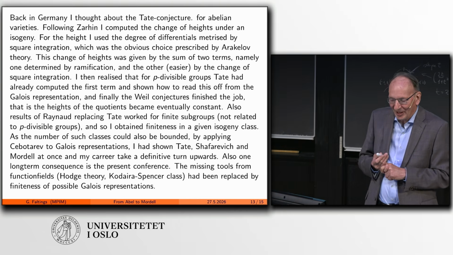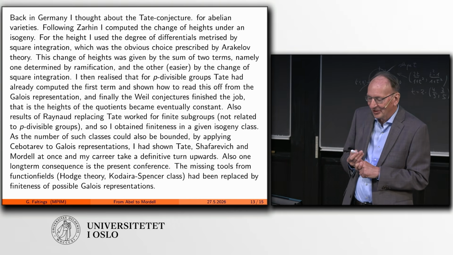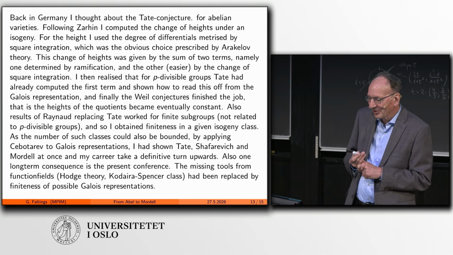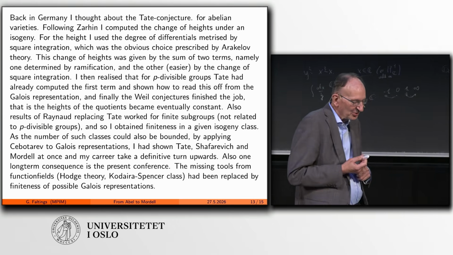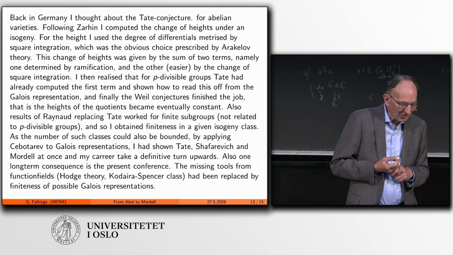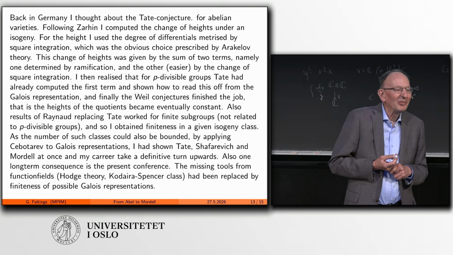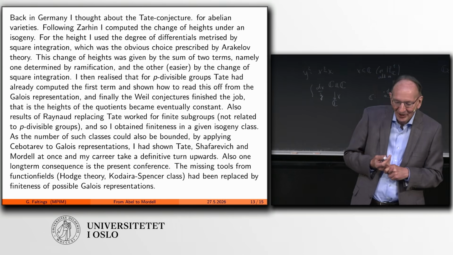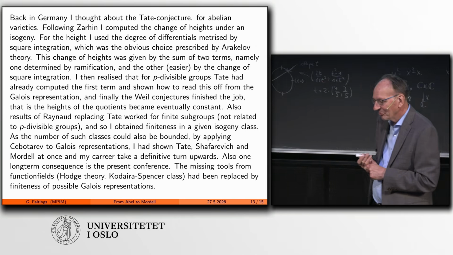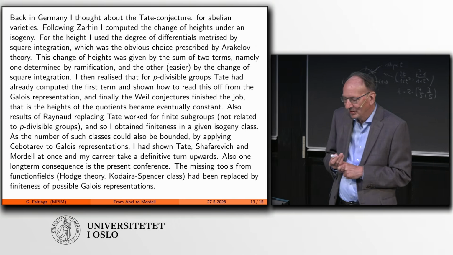First of all, I needed a height function for abelian varieties, but this was now obvious because for the height function, you should choose the omega on the moduli space, and you would have to put a metric on it. But this was also not difficult. You could just take the square integration over the abelian variety of a form. And so I thought this was obvious, what to do.